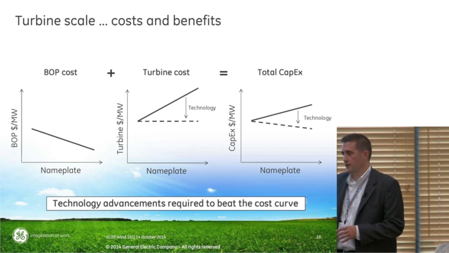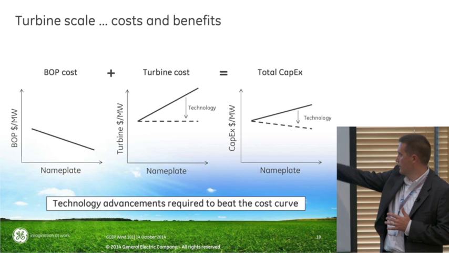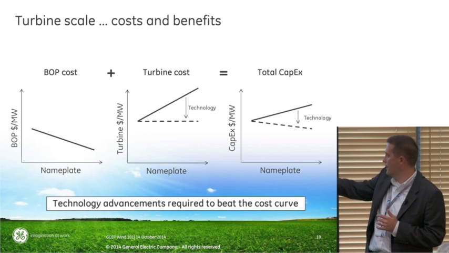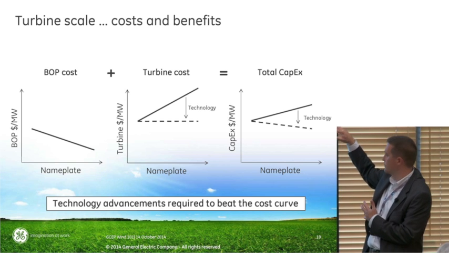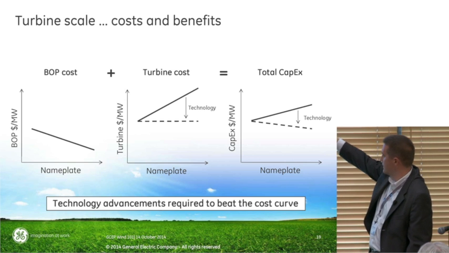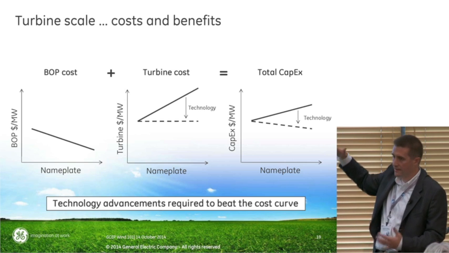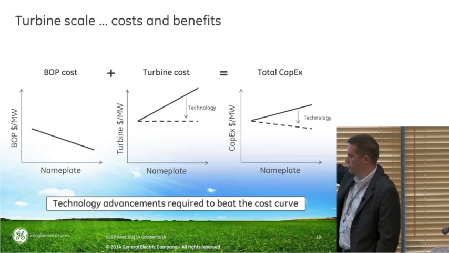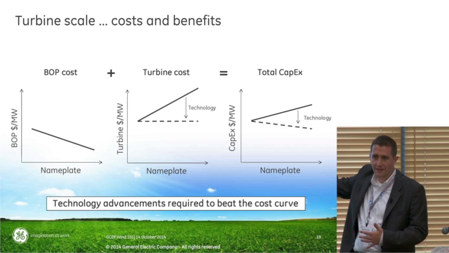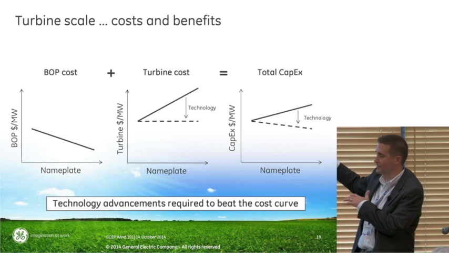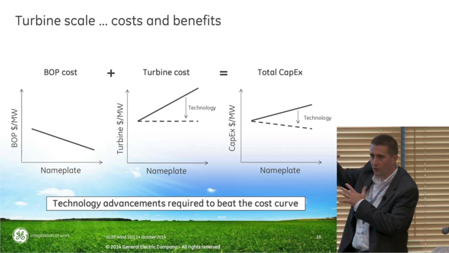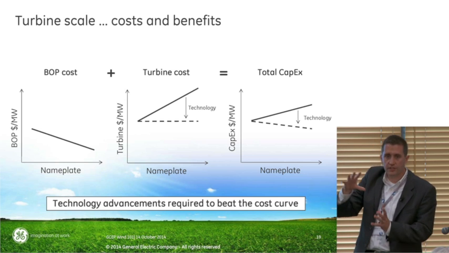This is the real simple look at it. I decrease my BOP cost as I get bigger. My turbine cost gets a little bit bigger, and I really want to settle into some sort of optimum. With technology, and this is being really optimistic, I can bring my turbine cost so that it stays the same as I get bigger. It's not really always the case, but I can shift my optimum.